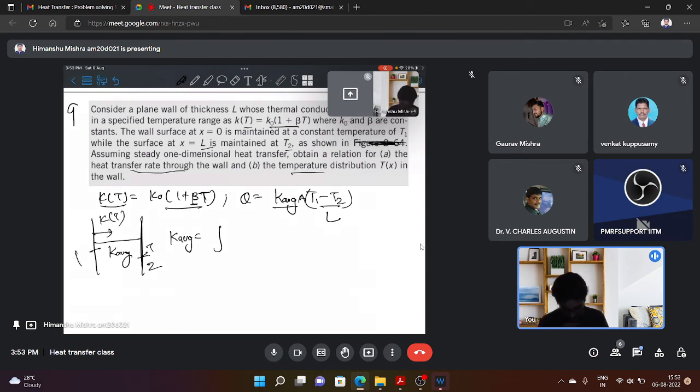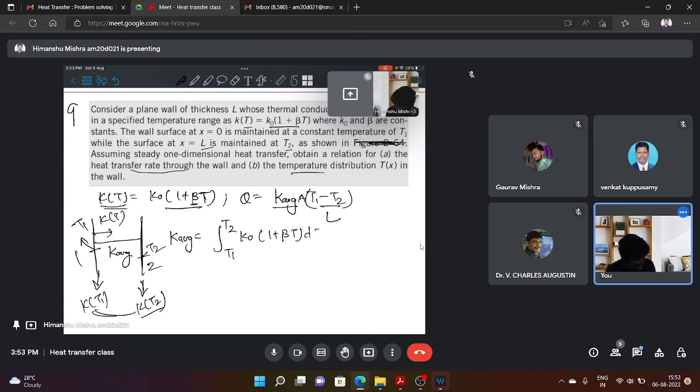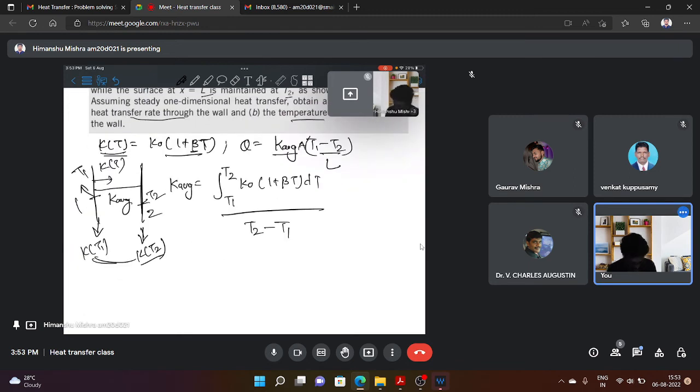Here the temperature is T2 and here the temperature is T1, and here we have some thermal conductivity, let's say K(T1), and here the thermal conductivity will be different, like K(T2), and we need to take the average of this thermal conductivity considering both locations 1 and 2. So this can be written as the integral over T2 minus T1. So this will be the expression of k average.